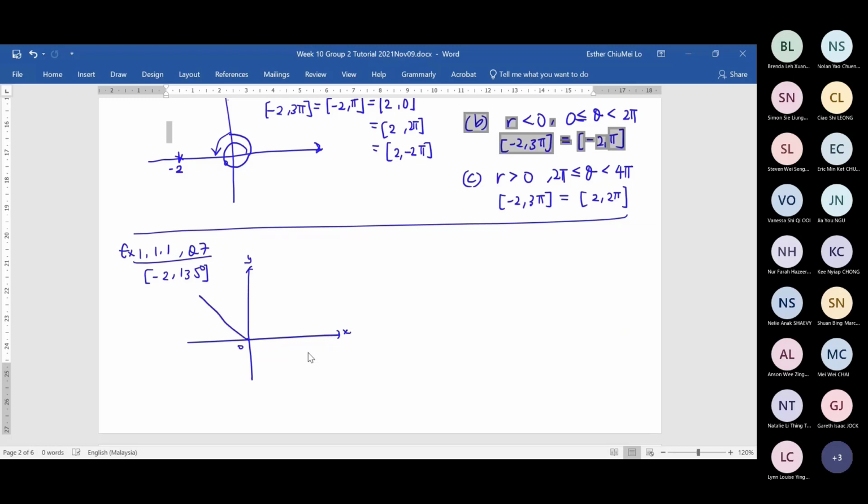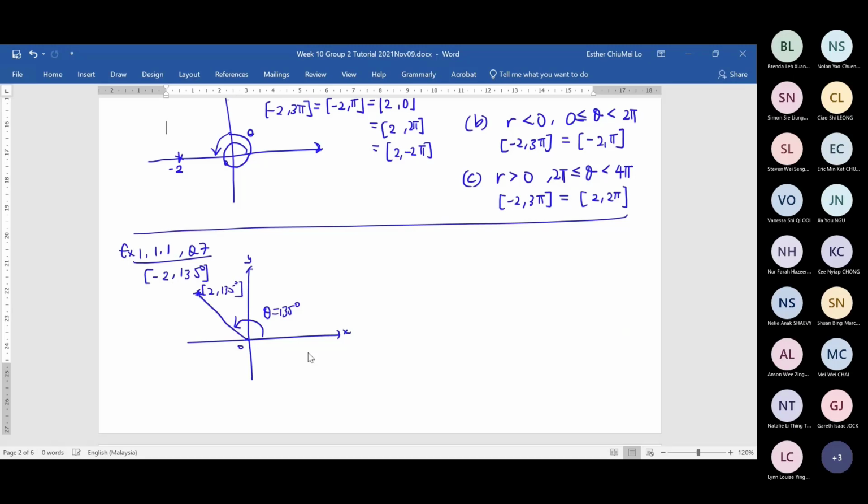Somewhere here, right? So this is the 135 degree. Just like I said, this one is your theta. Okay, and then this is the point for negative 2 and 1, 3, 5.